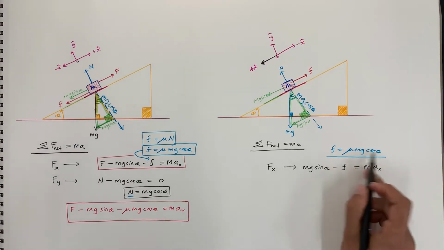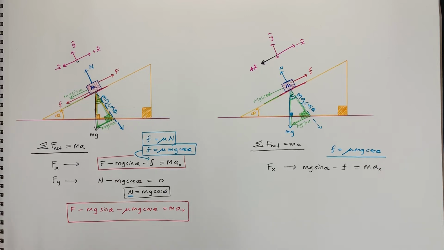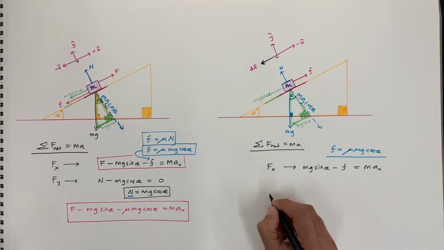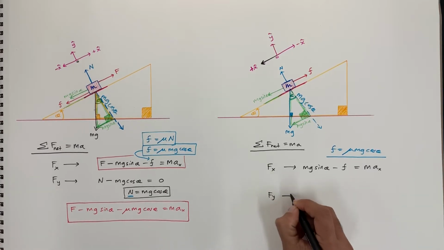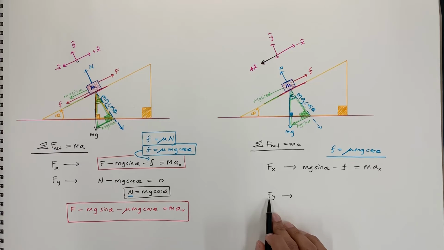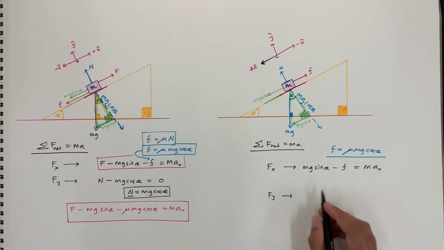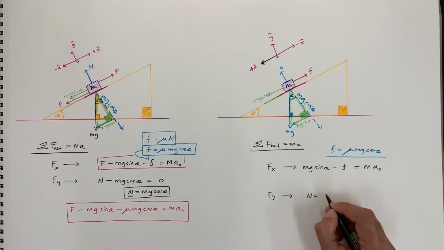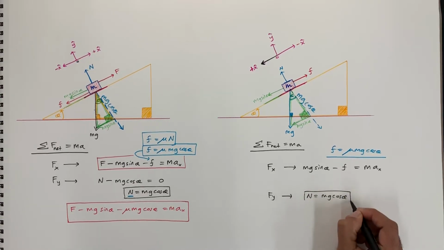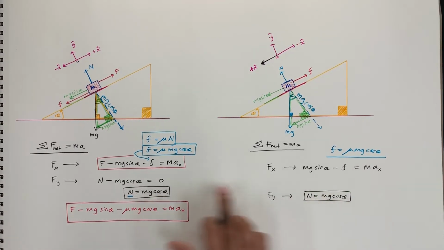So let's replace this f already with this. And remember that that's how we were able to get our frictional force, with the net force in the y direction, which was N equal to mg cosine theta. Okay, and we found that here, so it's the same process.